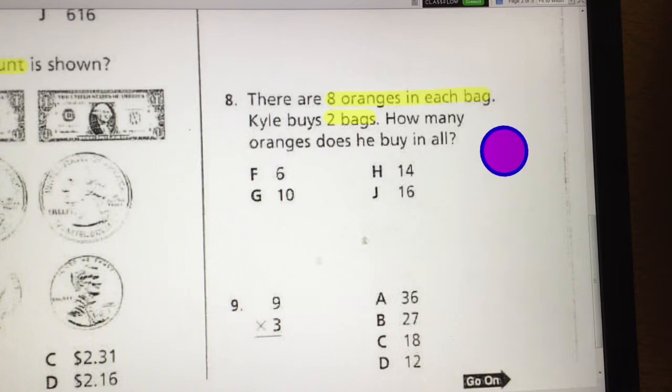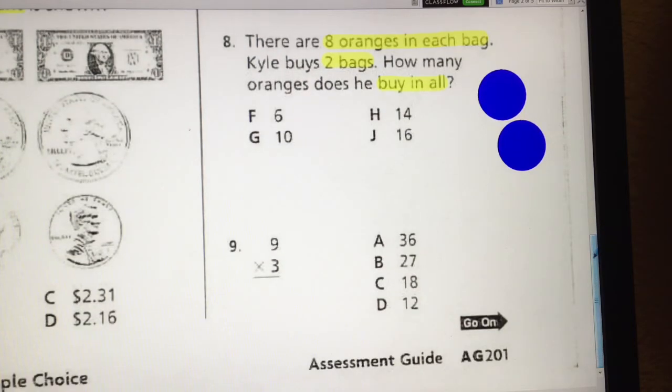There's my bag, right? There's one bag. There's another bag, right? And then think about 8 oranges in each bag. So what am I going to put? How many oranges in this bag? How many oranges in this bag? And what does he buy in all? Okay, don't forget, draw a picture with it.